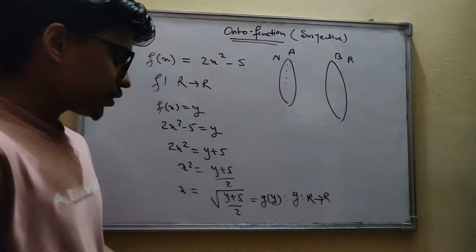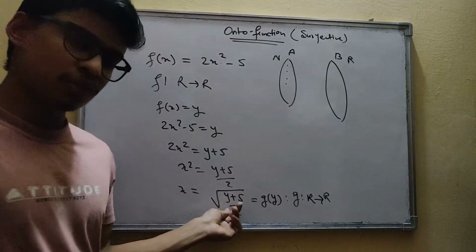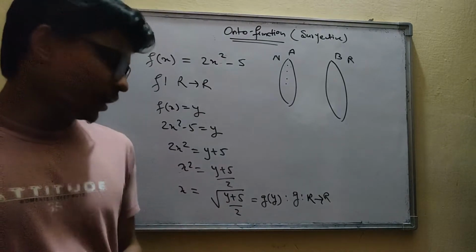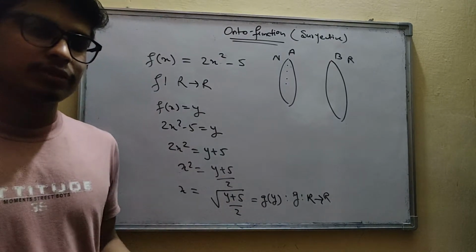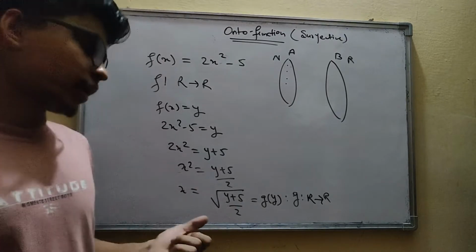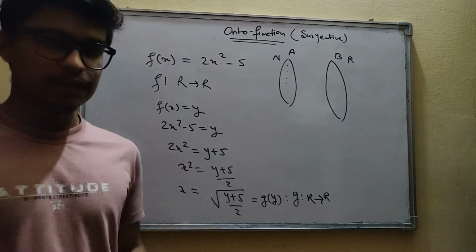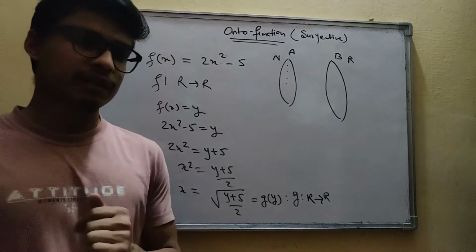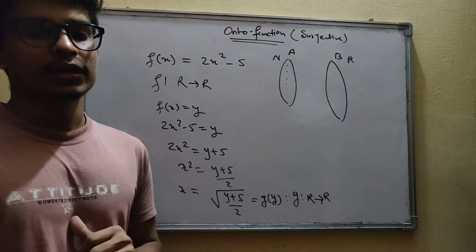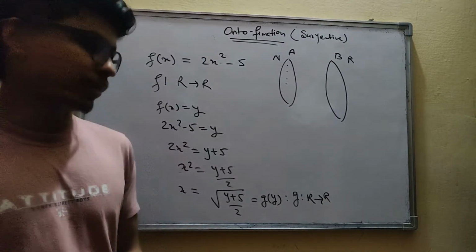Now is it possible that every time when I substitute y as a real number, x is always going to be a real number? It is not true, isn't it? Why? Because if I substitute y equals −10, so −10 plus 5 is −5, by 2, the square root of −5/2 is not a real number, right? It's an imaginary number.